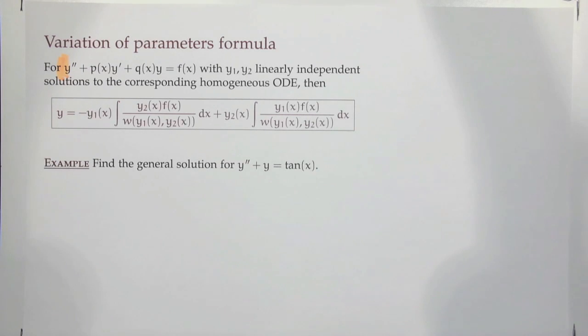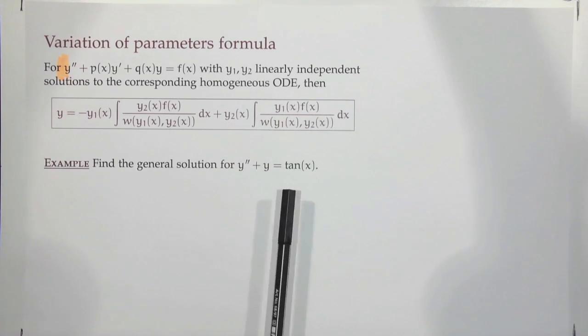So we're going to do an example. Find the general solution for y double prime plus y equals tangent of x. Doesn't sound so bad. Could we use undetermined coefficients on this problem? No. Why not?